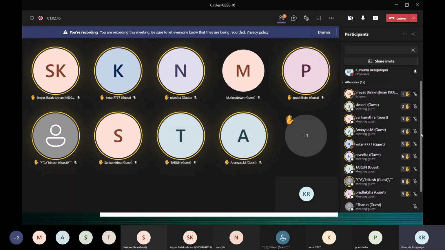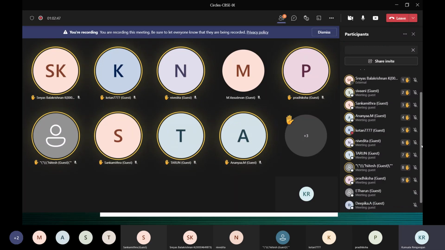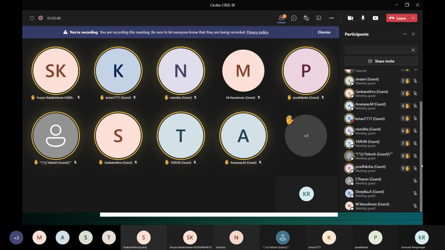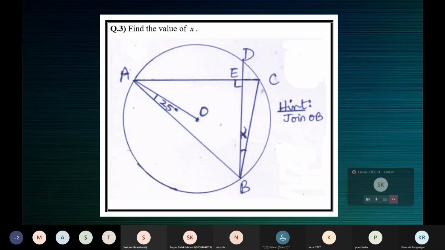Shreyas, Shivani, Sangamitra, Ananya, Arav, Nivedita, Tarun, Hitesh, Pratiksha, Vasudevan, Deepika, Tarun. All right. Thank you, children.